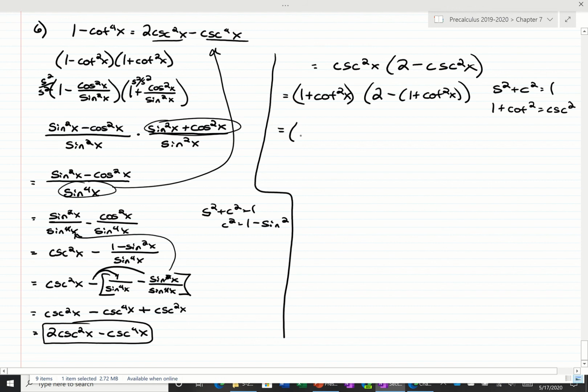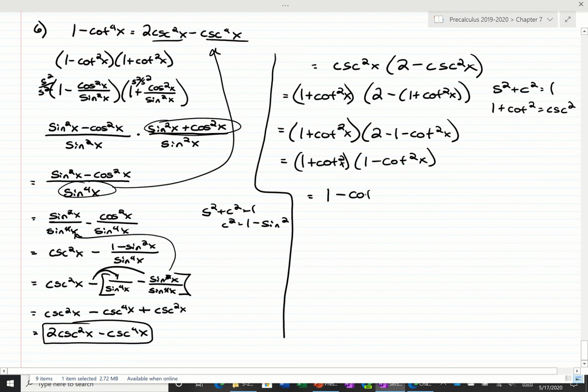Let's simplify, and hopefully when we multiply this out, we'll get the left side. If we were to multiply this, we get 1 times 1 minus cotangent squared of x plus cotangent squared of x minus cotangent to the fourth of x.